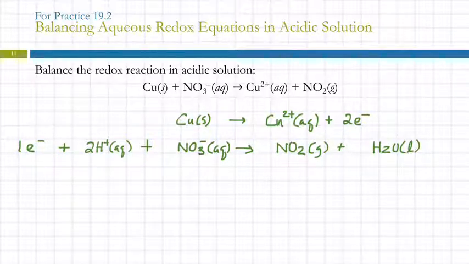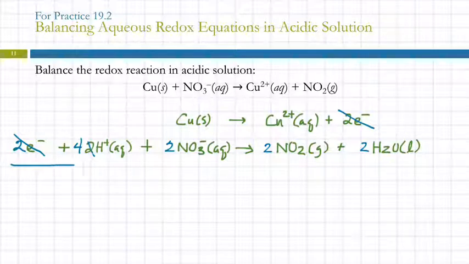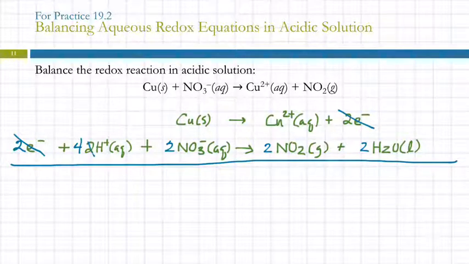So I'm going to have 2 electrons, and if I multiply this by 2, I'm going to get 4 hydrogens, 2 nitrate ions, 2 NO2 molecules, and 2 water molecules. It's still balanced for mass and charge. I have 2 electrons on each side. Those cancel out. And then I'm going to add these together.